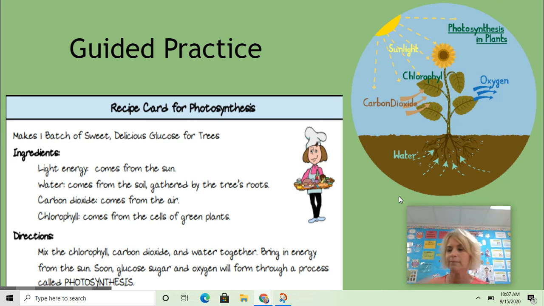Little bitty leaves, long, thin leaves, short, wide leaves, big, big leaves. No matter what type of leaf, that glucose, that sugar forms in the leaf, and then oxygen gets let out, and we need the oxygen, so we work together.